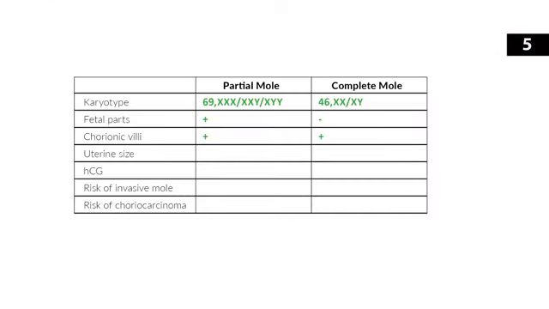In partial moles, the uterus is usually either normal size or smaller than you'd expect based on gestational age. Complete moles usually cause uterine enlargement. HCG production in partial moles is elevated, but it's even higher in complete moles. There is a smaller risk of partial moles becoming invasive, about 3 to 5%, but a larger risk with complete moles, 15 to 20%.